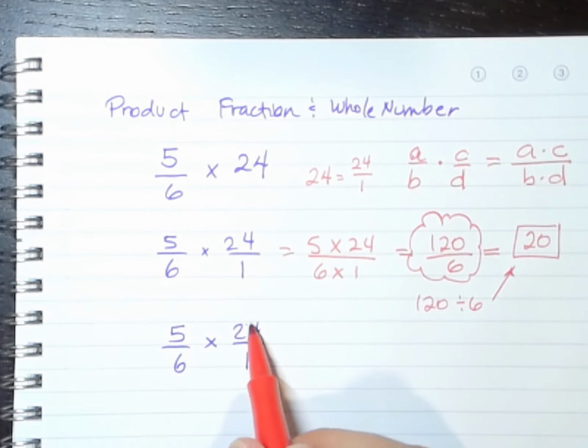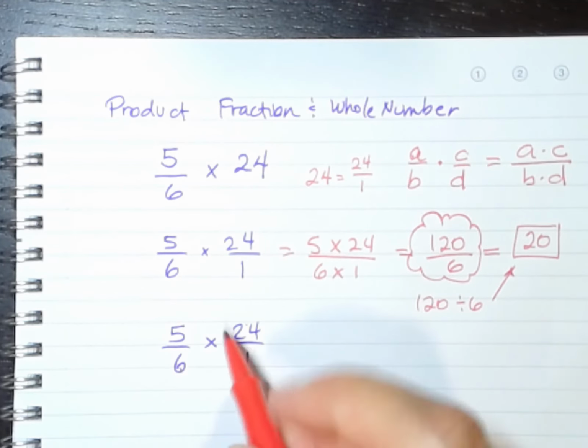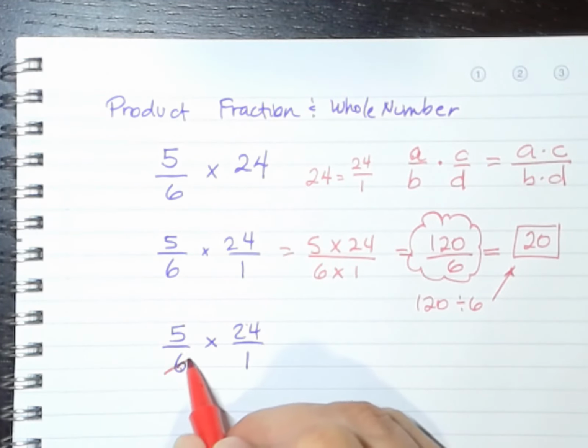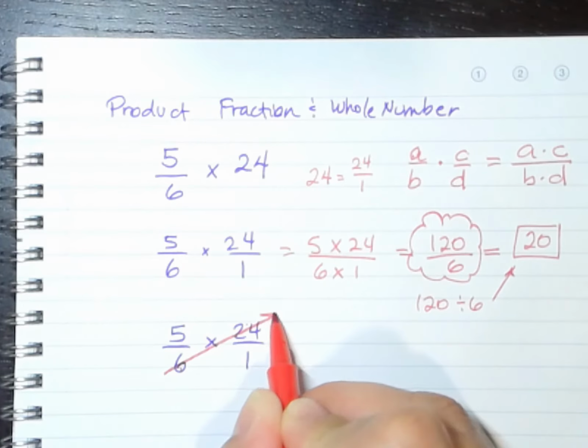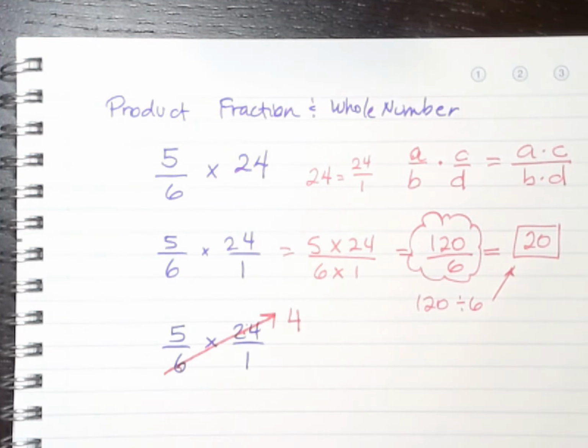I can divide a numerator by the other denominator. So since I know that 6 divides into 24, I can go ahead and do that. 6 goes into 24 4 times. And so now I've changed my problem.